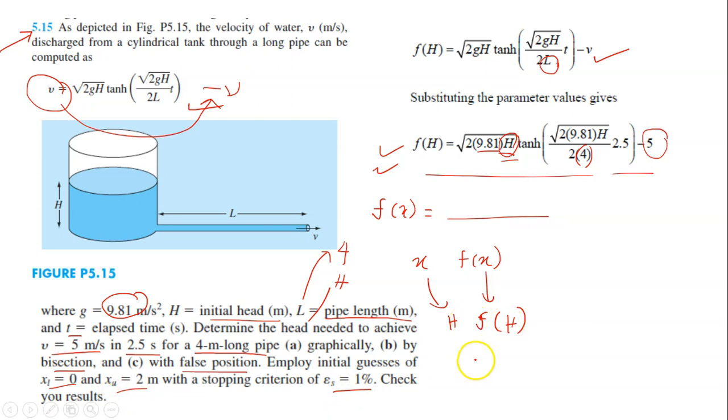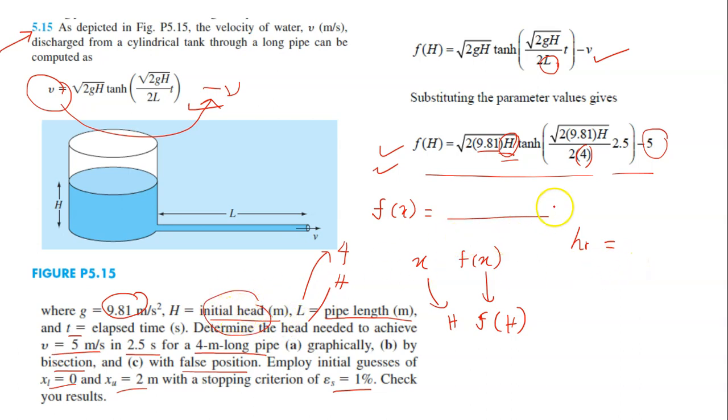I want you to try this on your own. I'm just helping you to understand this question on how to begin with. Alright? And then next, the question asks you to check your results. How are you going to do that? Let's say after a few iterations, you found that your EA is already less than the ES, you can stop, and whatever H value that you got in that iteration will be your final answer for H, correct?